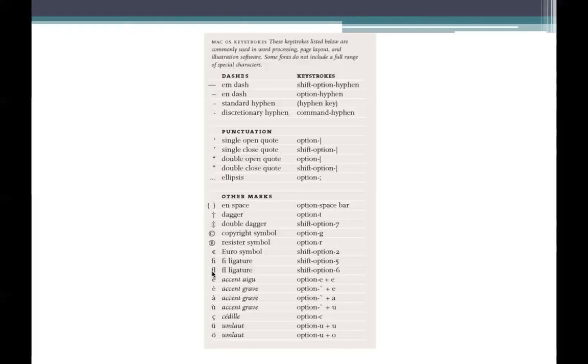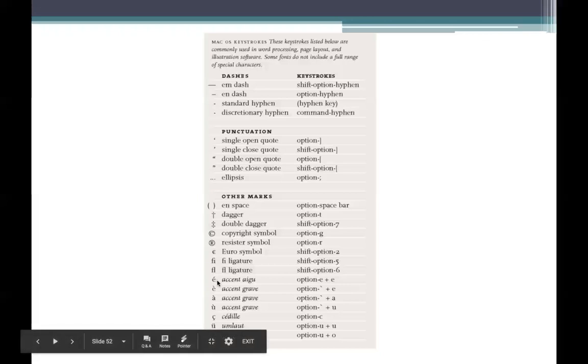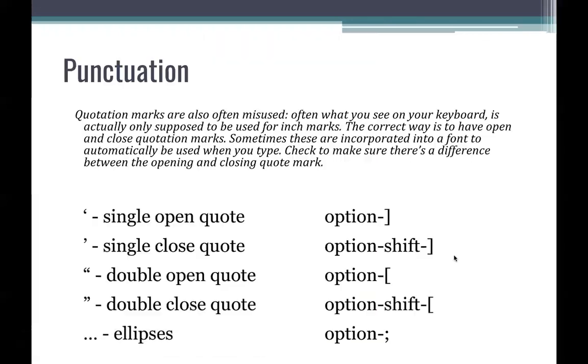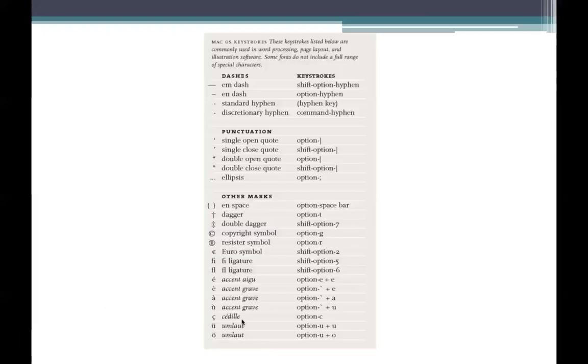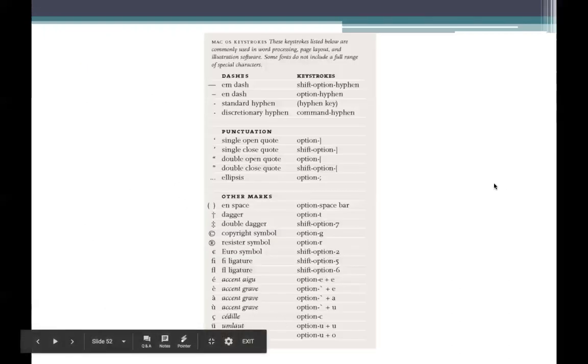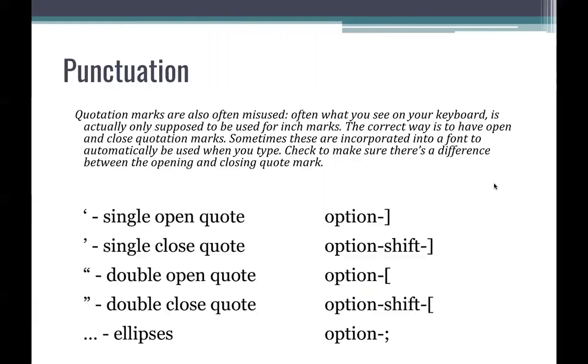In any instance where a word has an FL, you would use an FL ligature. And it runs the L into the F. Then you have your E accents, your A accents, U, and these, I can't even say what they are, but you've seen the symbols. So this should help you.